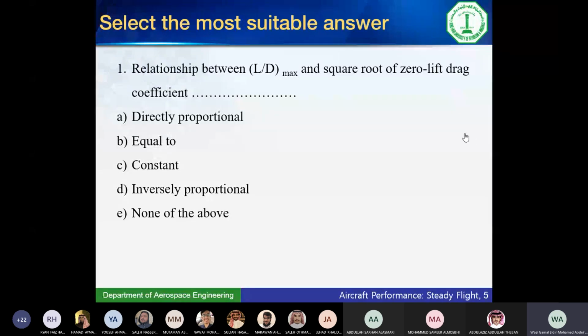Okay, Mu'taman. D, Doctor. Inversely proportional.